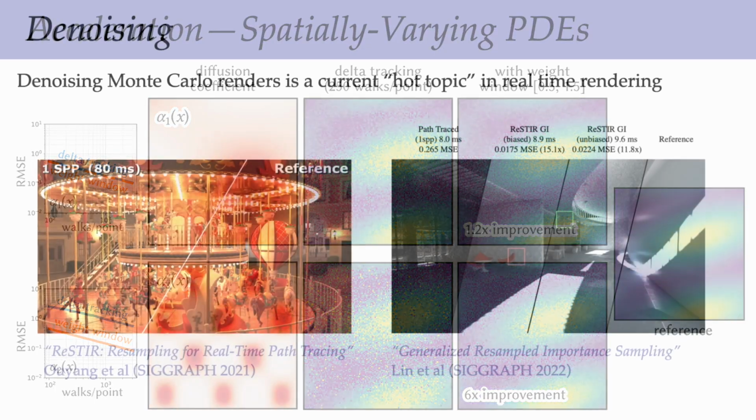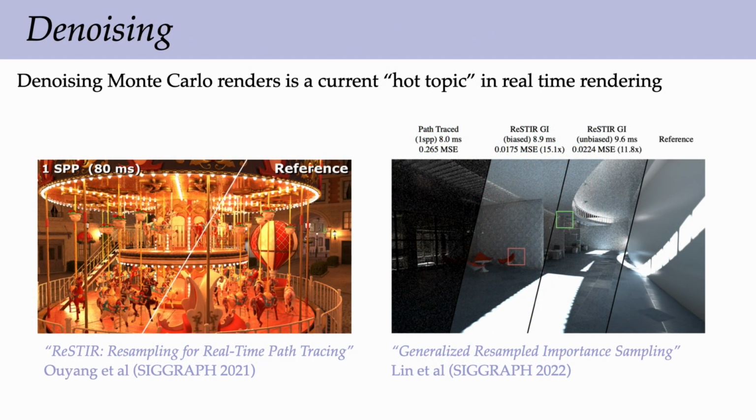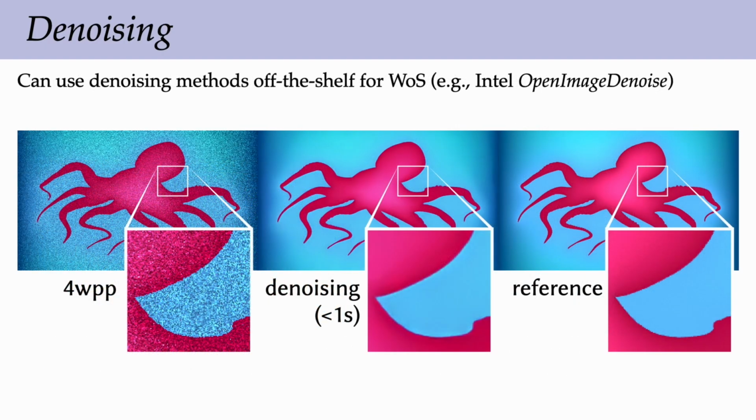Another sort of orthogonal approach to improving efficiency is denoising. So right now, denoising Monte Carlo renderers is kind of a hot topic in real-time rendering, and you can get some pretty amazing results from even just one or a few Monte Carlo samples. Actually, it turns out many of these denoising methods can be used off the shelf for walk-on spheres. For instance, we applied Intel's Open Image Denoiser to our walk-on spheres estimates and can easily get beautiful results with just a few samples.